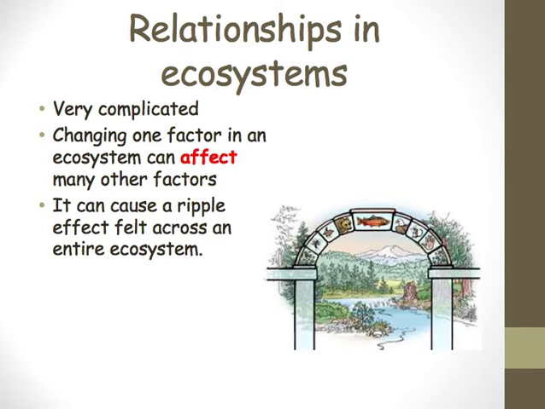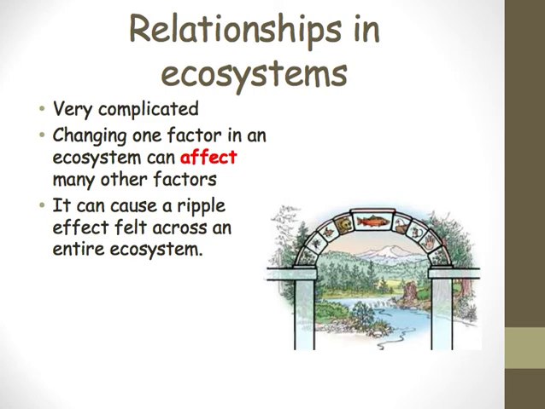Relationships within an ecosystem are very complicated. They have chain reactions. If one factor changes, it's going to affect the other factors in an ecosystem. It'll cause a ripple effect. We don't necessarily always know what will happen if a certain animal goes extinct, or if a certain climate changes.